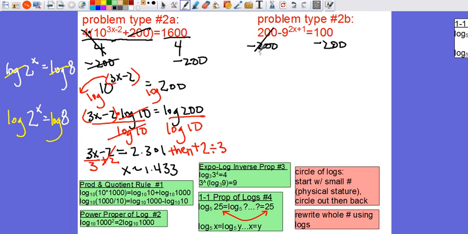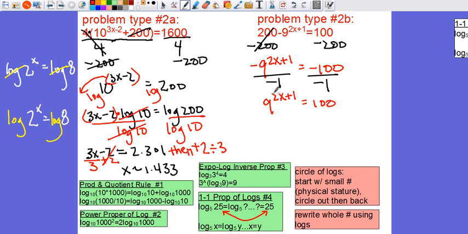As of right now, I get negative 9^(2x+1) equals negative 100. Right now I have negatives on both sides. I don't like that, so I want to divide both sides by negative 1, and now I get 9^(2x+1) equals 100.